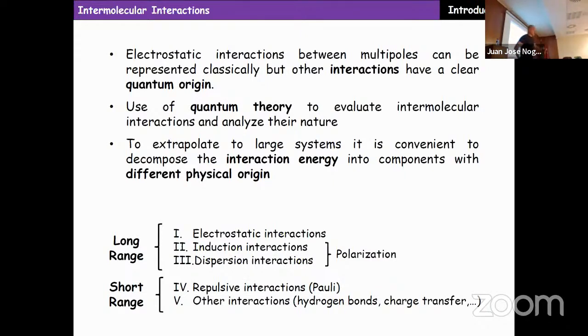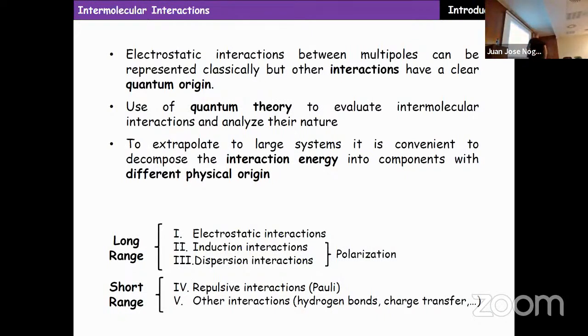So there is no classical equivalent to dispersion. And dispersion interactions originate only in electron correlation between electrons of different fragments. Okay, so these two interactions, induction and dispersion, are normally included in just one, which is called polarization. Why? Because the inductive and dispersion interactions both polarize the system.